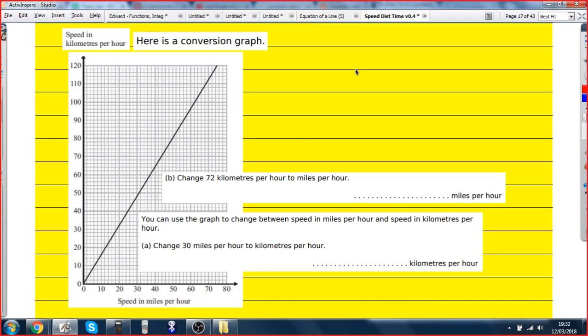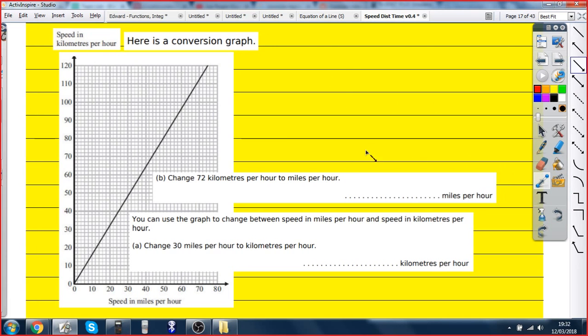Is it 7 point? I don't know. So you use the graph. So which one is 72 kilometers per hour?